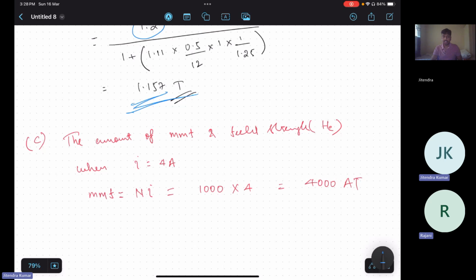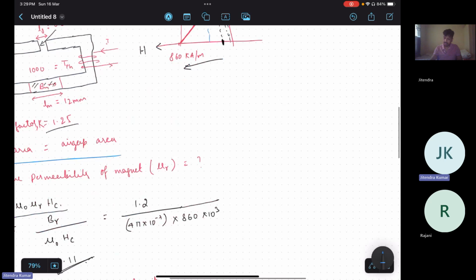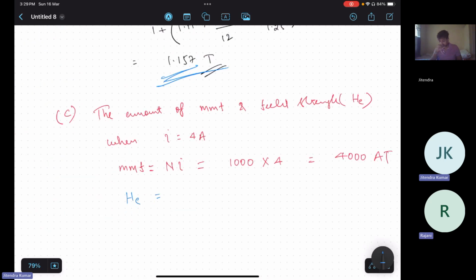Okay. Now the next thing is field strength. How much will be the external field strength? Integral of H·dl equals NI.